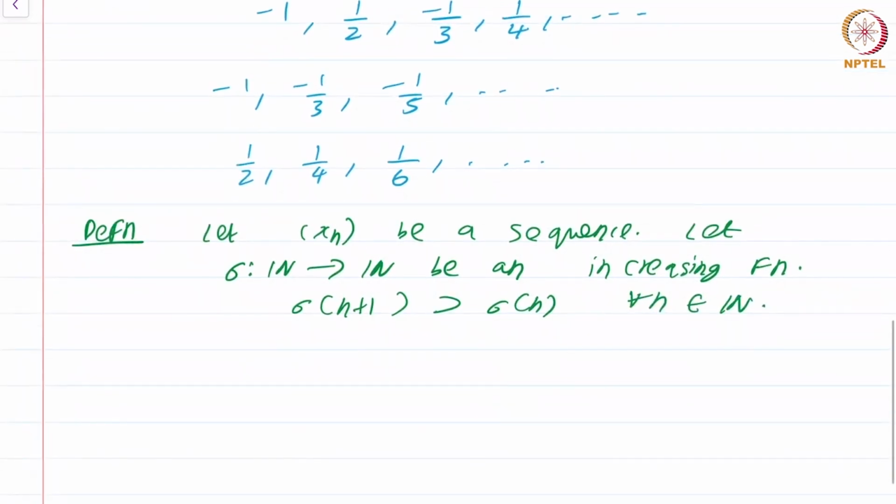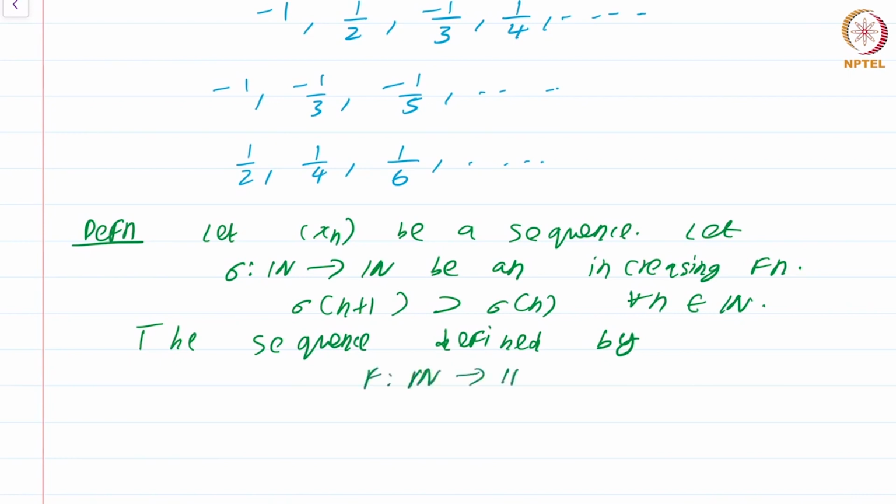Then the sequence defined by f from N to R, n mapping to x sigma n, is called a subsequence of xn.